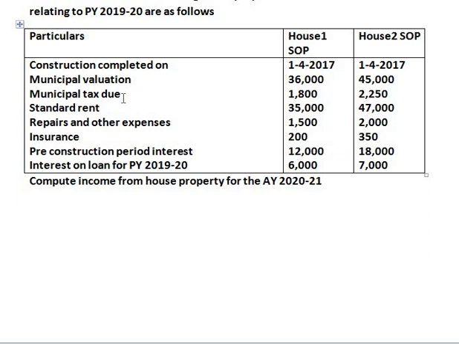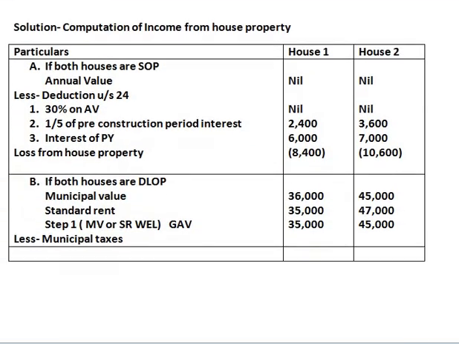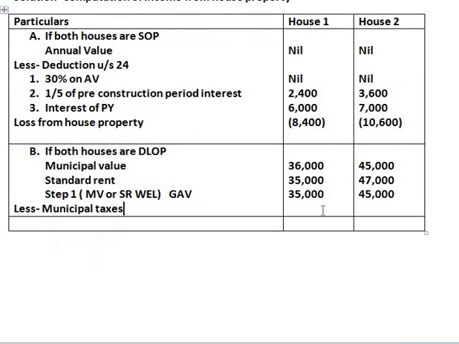When we are solving the sum, we have to deduct only municipal taxes which are paid and not which are due. Though you are given municipal taxes due 1,800 and 2,250, while solving the sum, we are not going to deduct any amount because they are due amounts and not paid amounts. Therefore, less municipal taxes due will not be considered. Therefore, it is taken as nil.